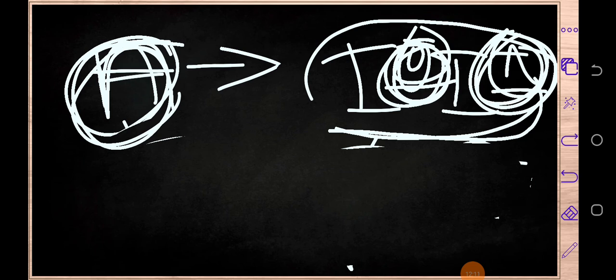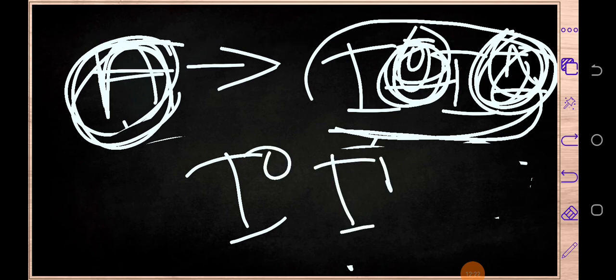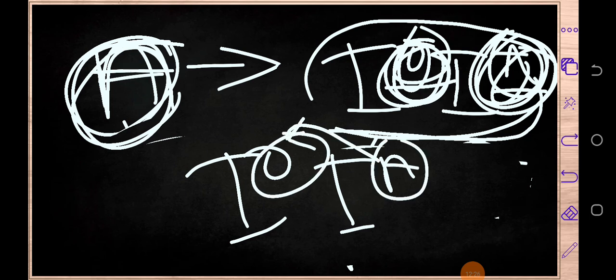Reason why? Because this A has more power than this O. In simpler terms, this A has more power than this O. Hence, this O is going to be suppressed.